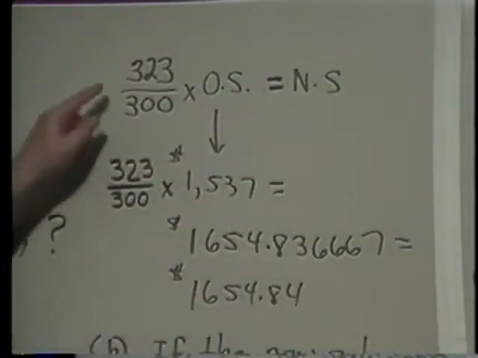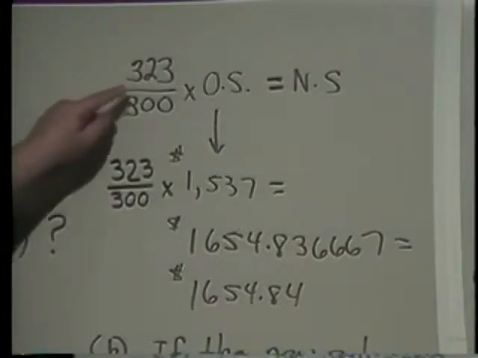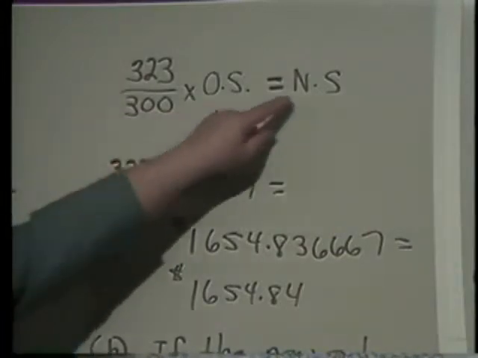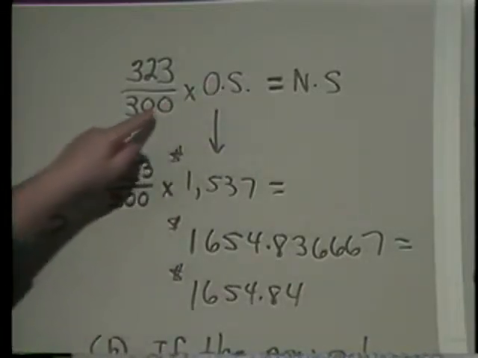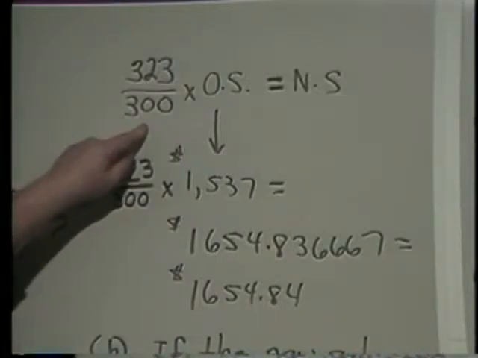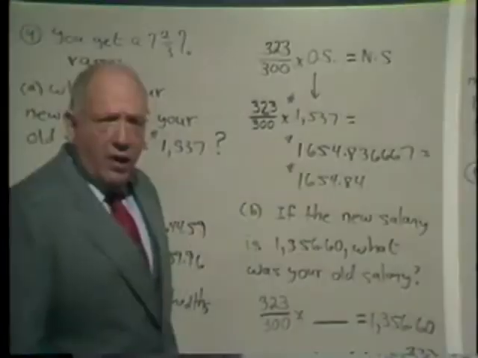What I have now is 323 over 300 times the old salary equals the new salary. Basically, for every block of $300 you were making with the old salary, the new salary is going to pay you $323.